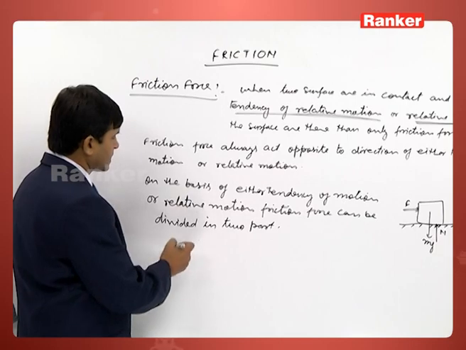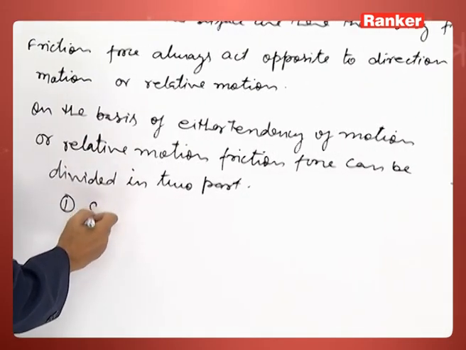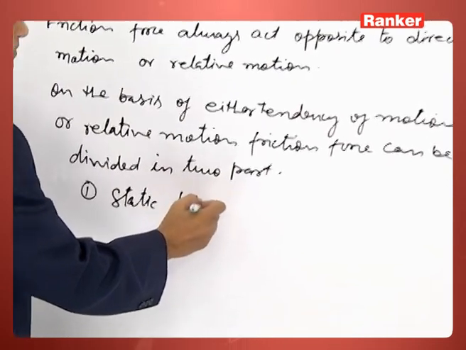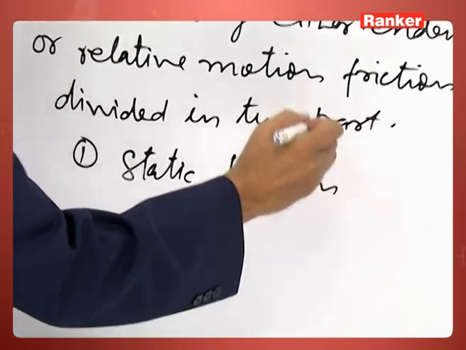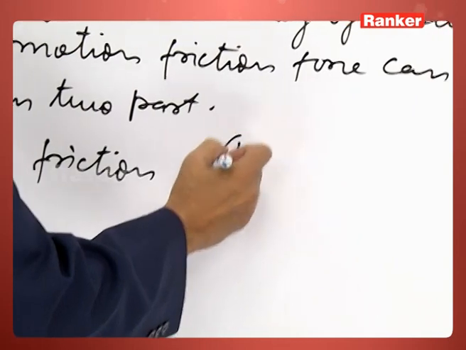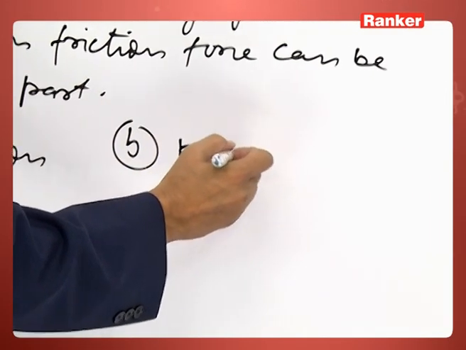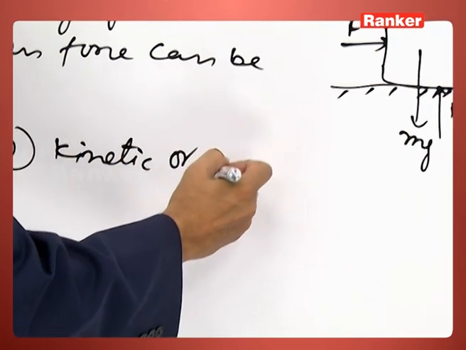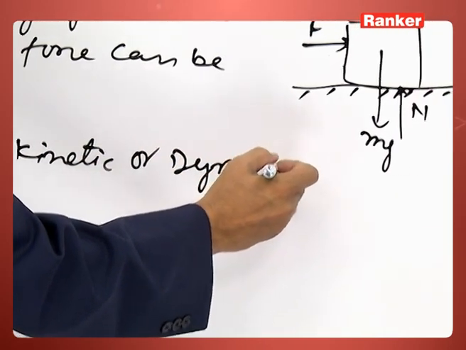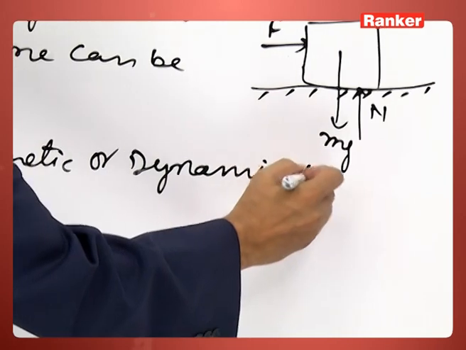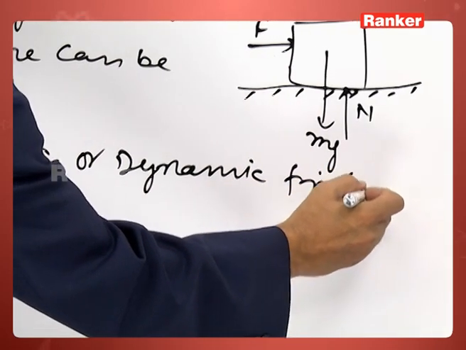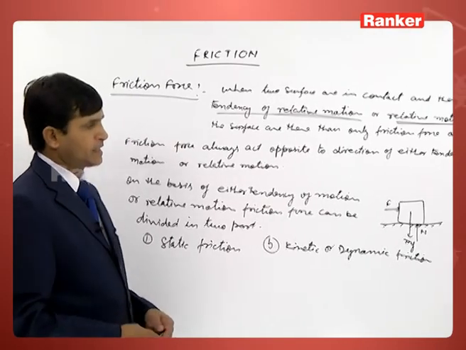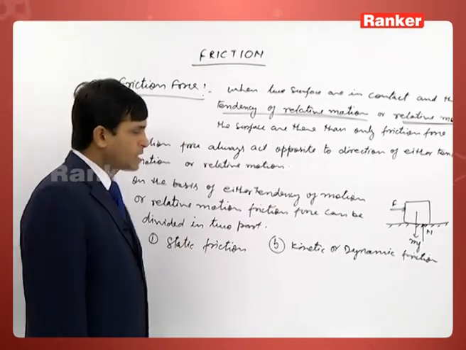First is static friction. And another is called kinetic or dynamic friction. So first we will discuss the static friction. So now see the static friction.